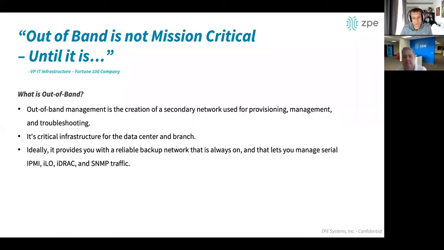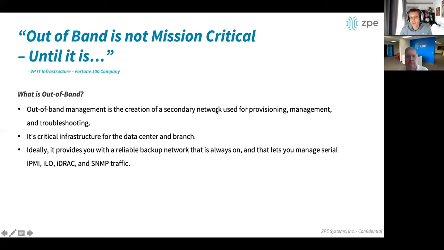So it's typically your console port on your firewalls, your routers, your switches. It's your IPMI interfaces or your KVM interfaces on your servers, but beyond that, it can be any of your infrastructure devices like your rack PDUs, sensors, or just as simple as an SSH session.